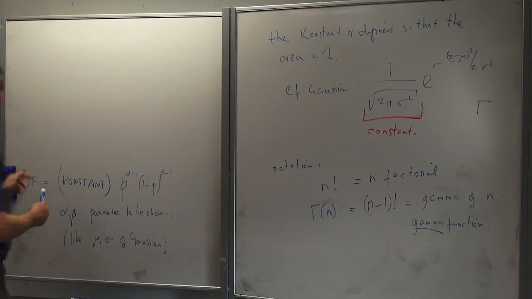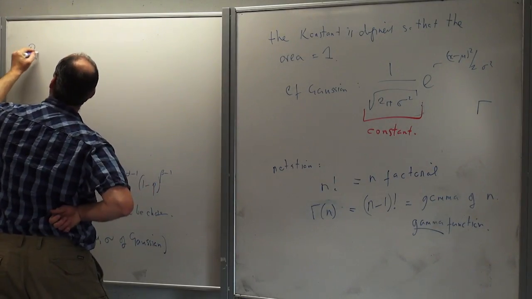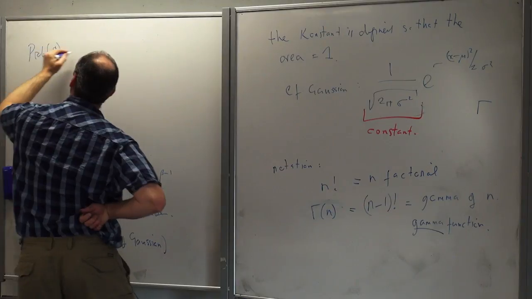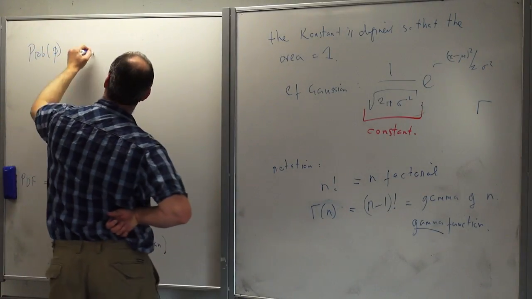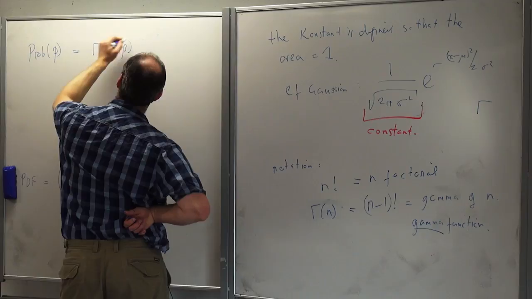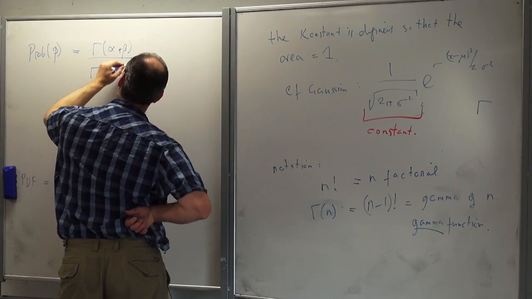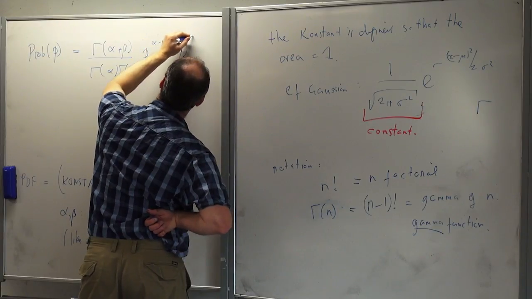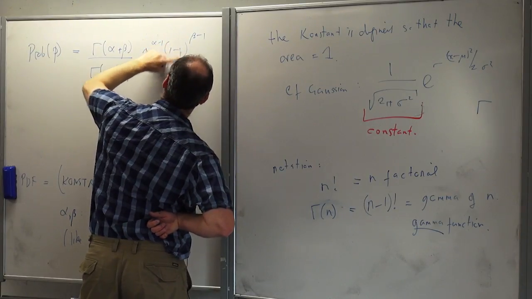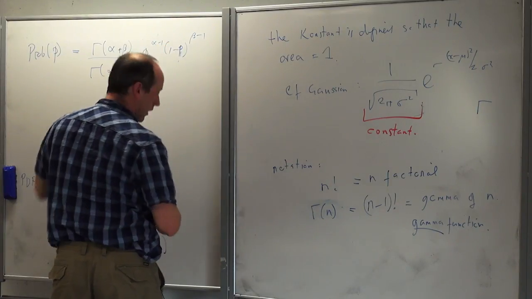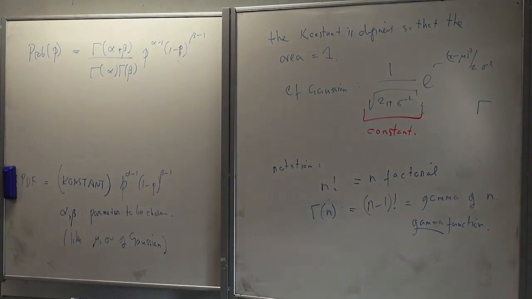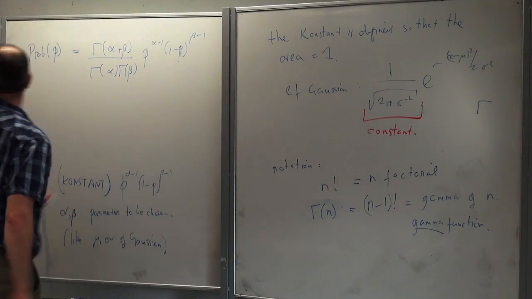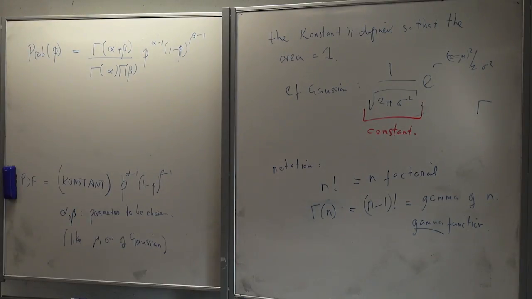So now I can write the PDF. The probability of p equals gamma of alpha plus beta, over gamma of alpha times gamma of beta.